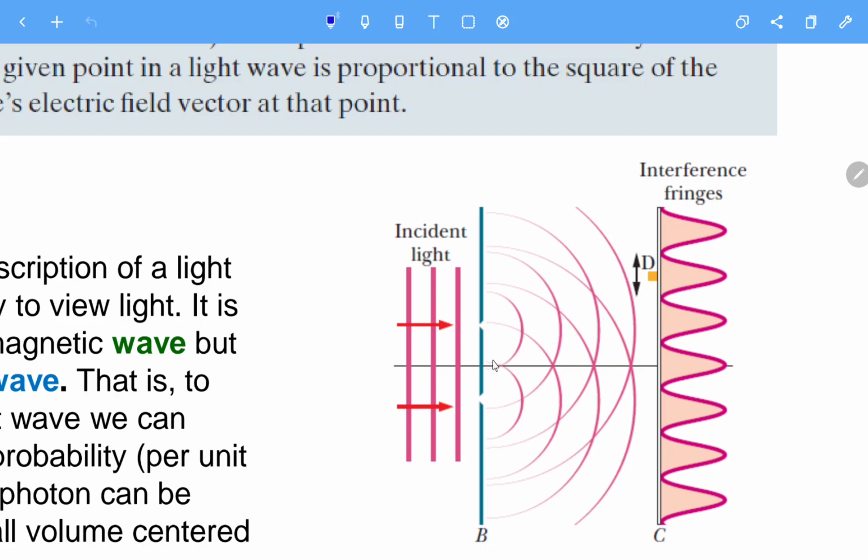They should be very close together, but I just draw them separately. And then finally there will be some interference pattern on this monitor.